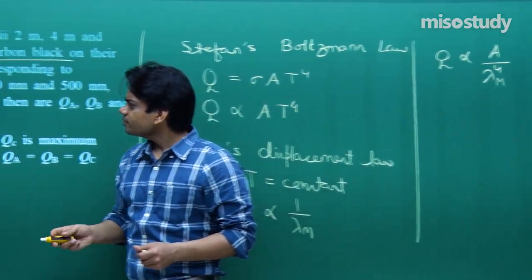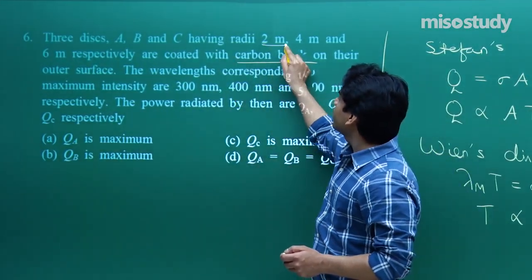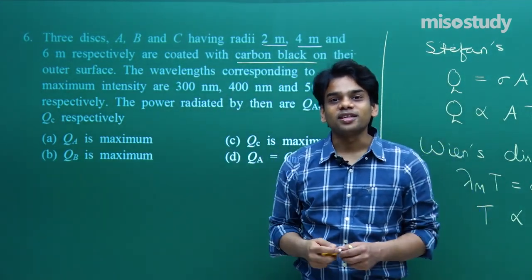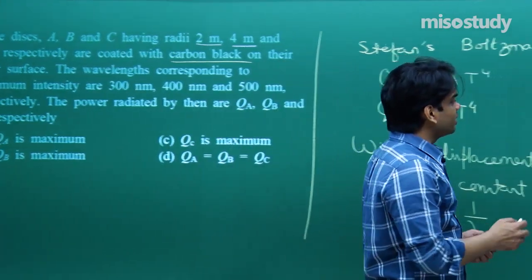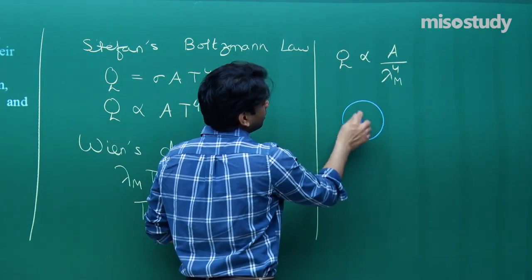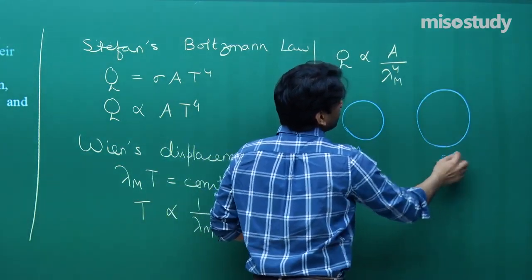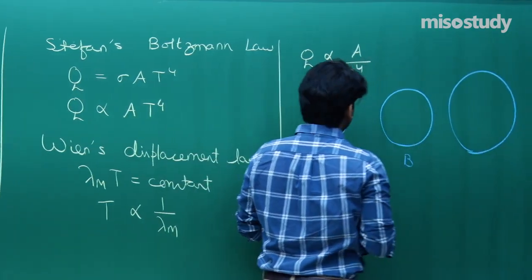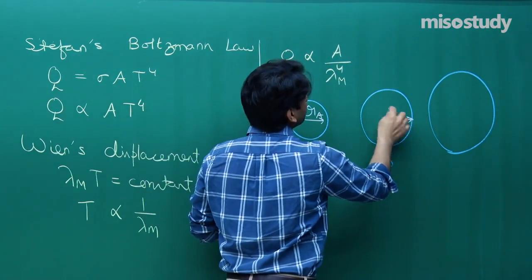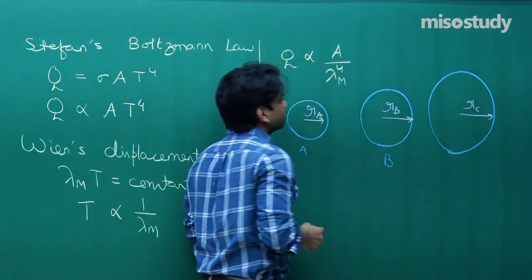Next you see, it's given that their radii are 2 meter, 4 meter and 6 meter. This is given as the radii for A, B and C. So if I draw the 3 discs, they would be represented something like this. This is A, this is B, 4 meter, and this is C, that is 6 meter. So radius of A is 2 meter, radius of B is 4 meter, radius of C is 6 meter.